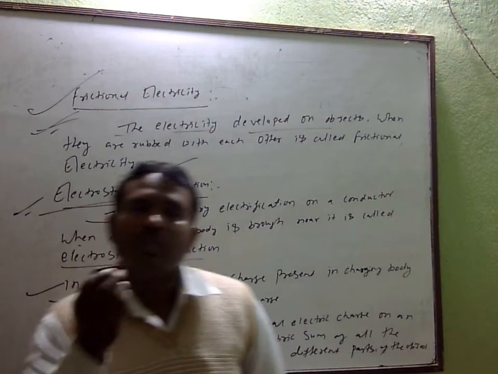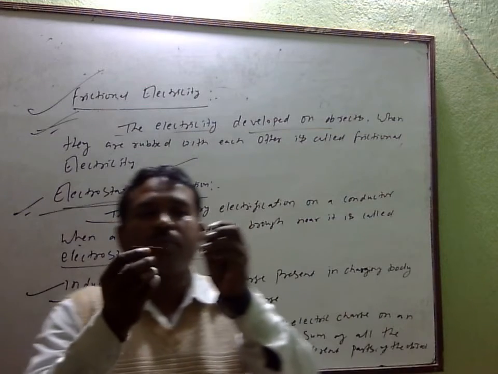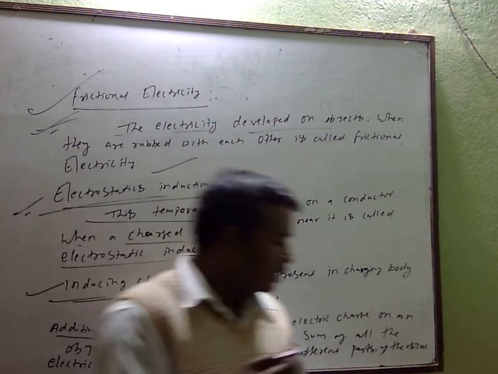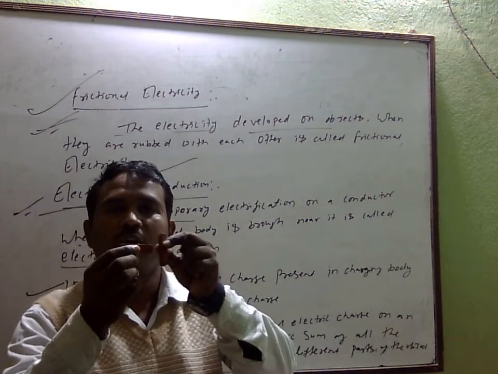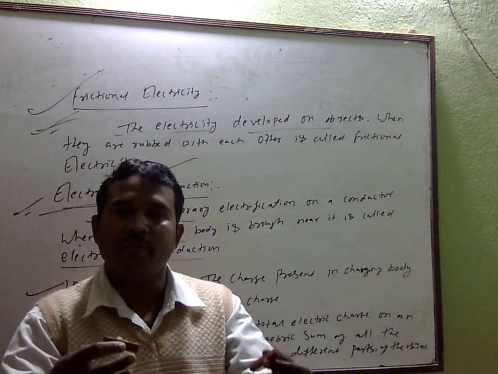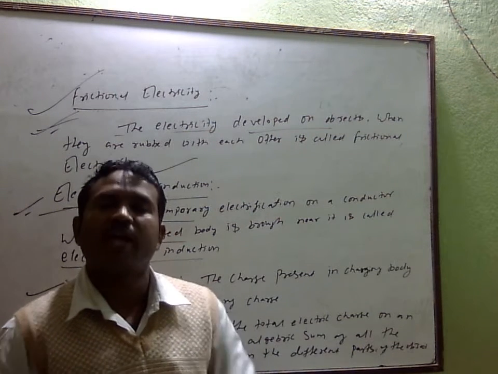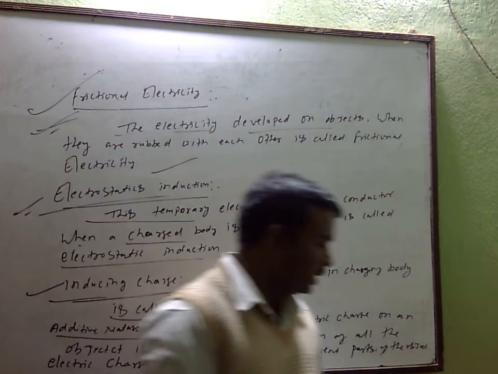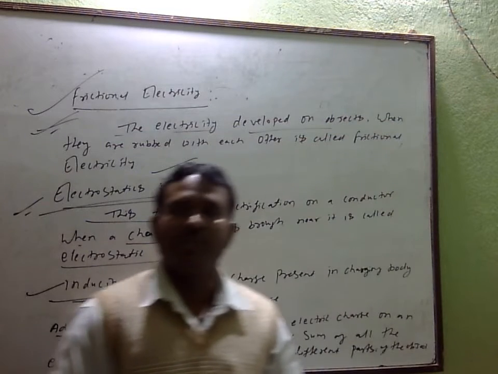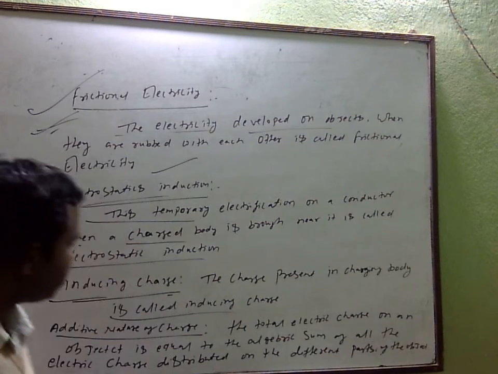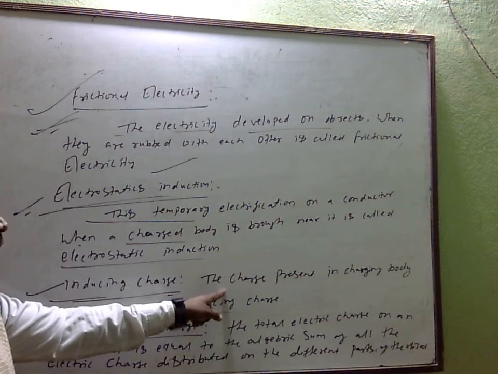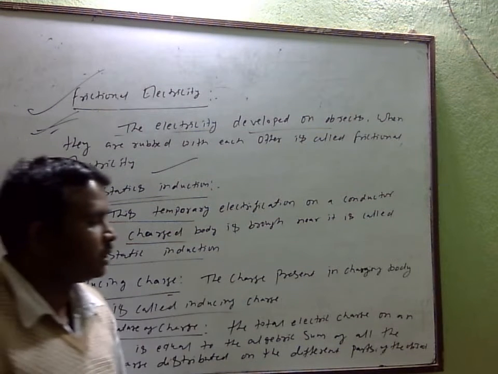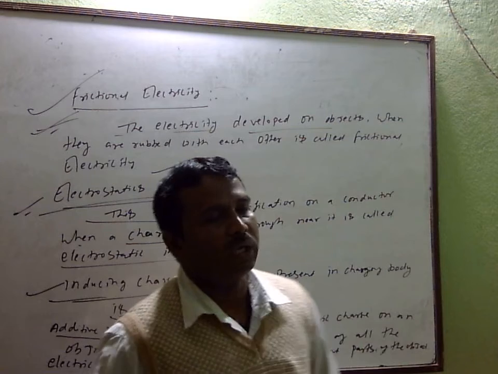Whenever you take a piece of iron, or another piece of magnet, by attraction or repulsion of these magnets you can see there is a force experienced. So you will see the charge present on the charging body. Not only this one, you can also take electromagnets.